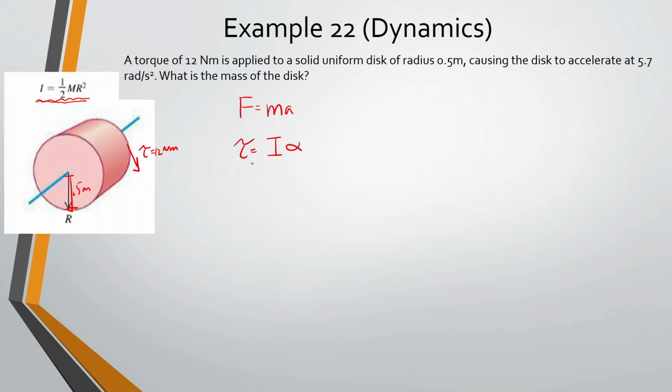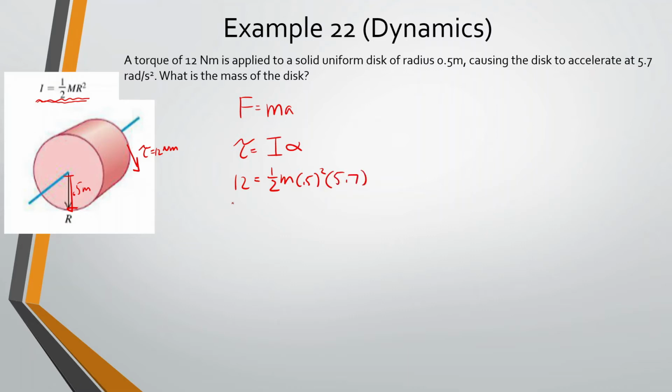Okay, so we know a few of these quantities. We have 12 is the torque. Inertia is 1/2 mr squared, but r is given to us, 0.5 squared. And alpha is given to us, causing this to accelerate at 5.7 radians per second squared.